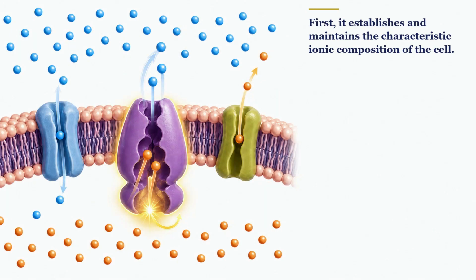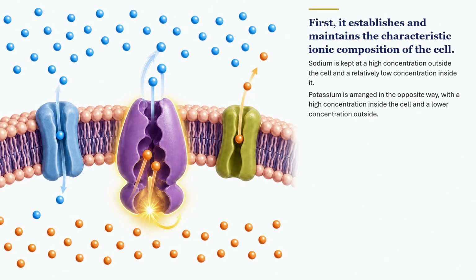First, it establishes and maintains the characteristic ionic composition of the cell. Sodium is kept at a high concentration outside the cell and a relatively low concentration inside it. Potassium is arranged in the opposite way, with a high concentration inside the cell and a lower concentration outside.